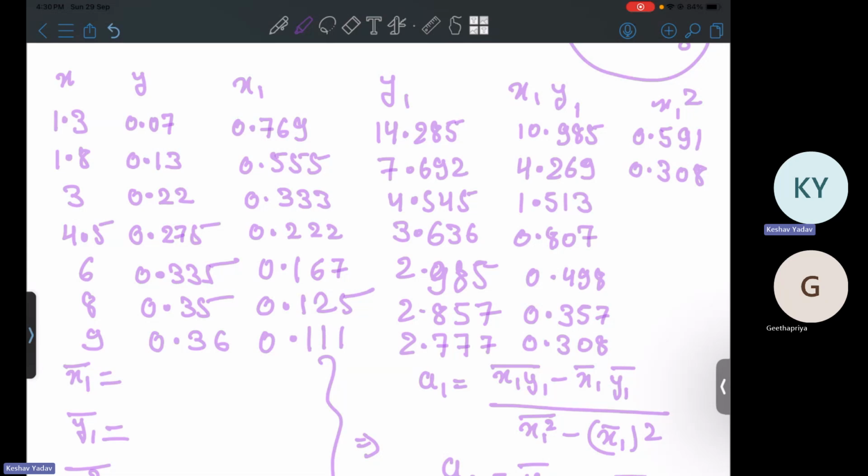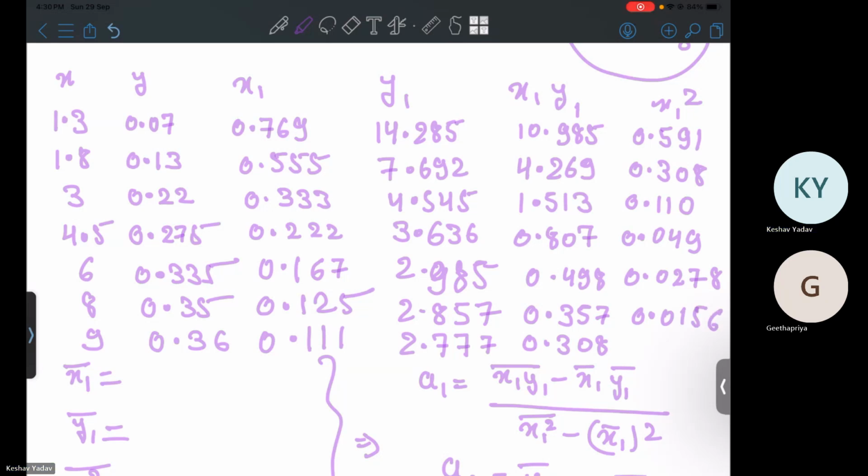Now 0.333 square is 0.110. 0.222 square will be equal to 0.049. 0.167 square is 0.0278. 0.125 square is 0.0156.